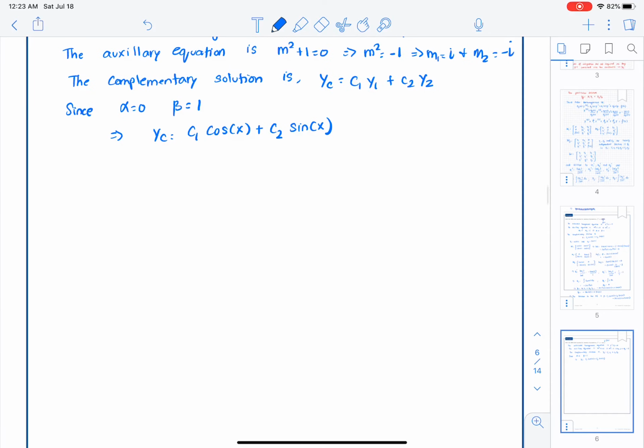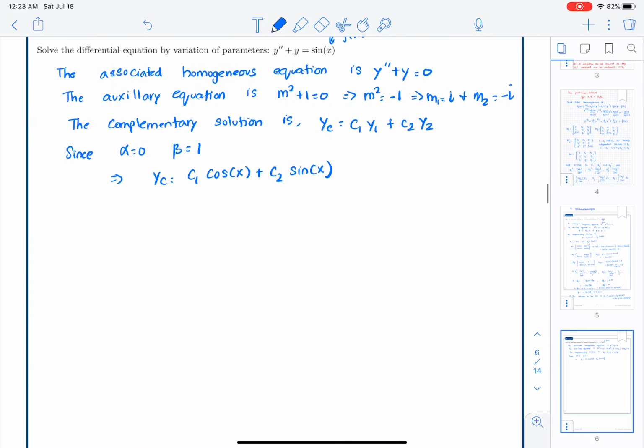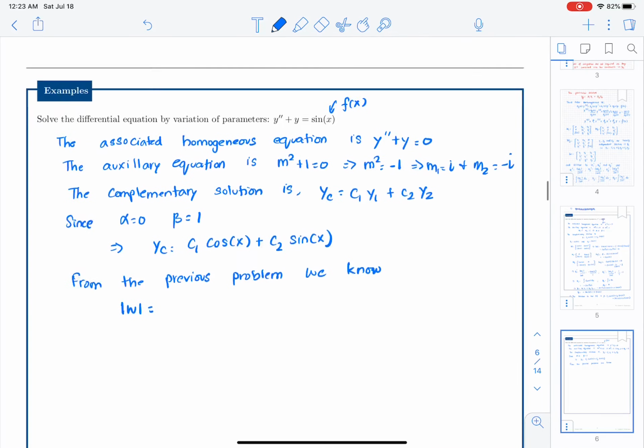So it's very similar to the previous problem. From the previous problem, we know the determinant of w is not going to change.